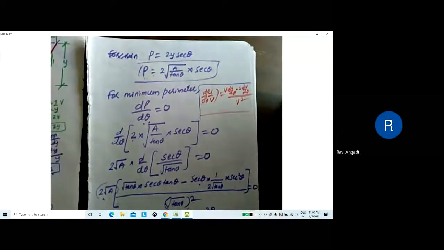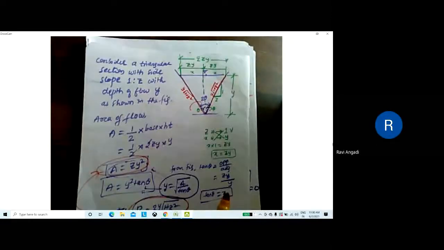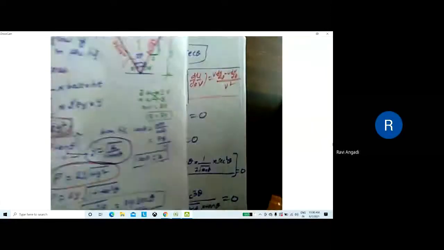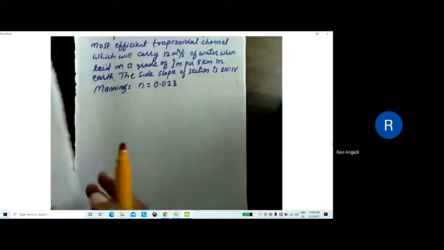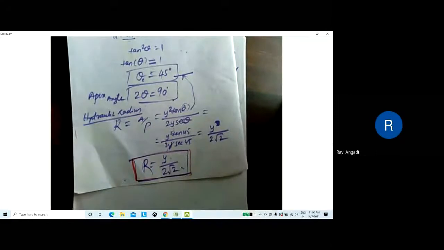What should be the apex angle? 90 degrees. And what about the hydraulic radius for the triangular channel section? It should be y by 2 root 2, in terms of depth of flow. So this we derived by taking the trigonometric functions.